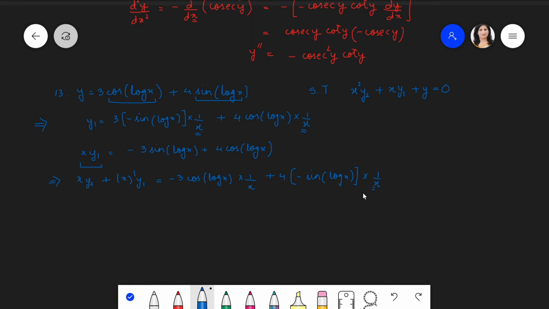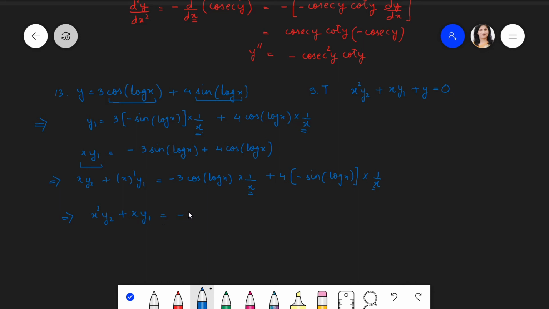So here again you see that we have got an x here. This again we are going to shift to the left hand side. So the first term here becomes x square y2. The derivative of x is 1. Since we are multiplying it by 1, we get this kind of a term.